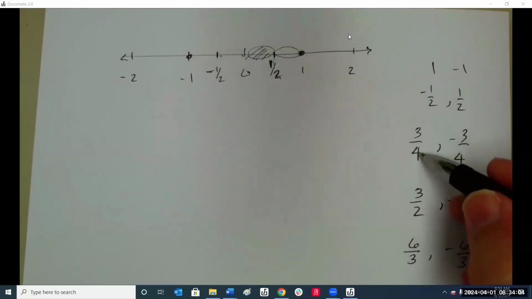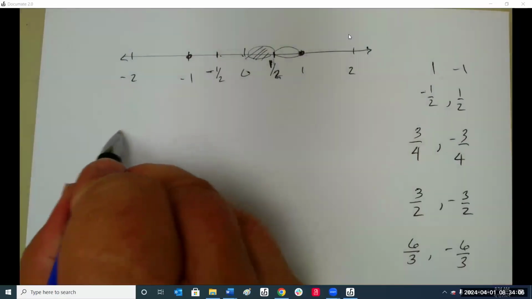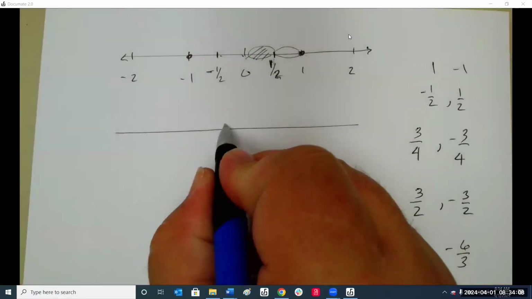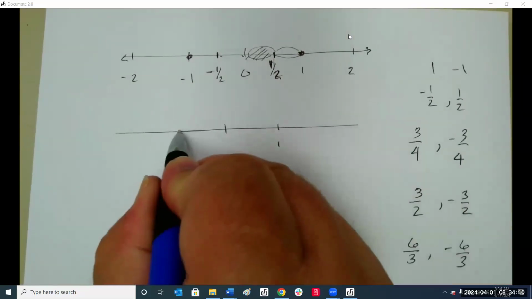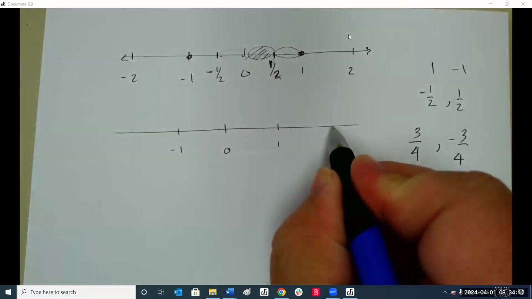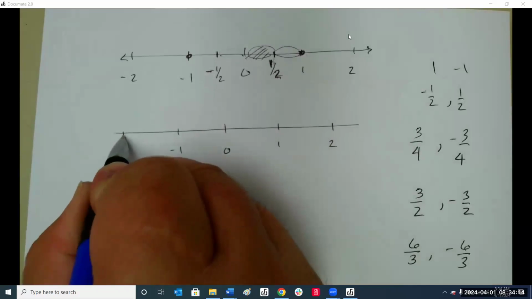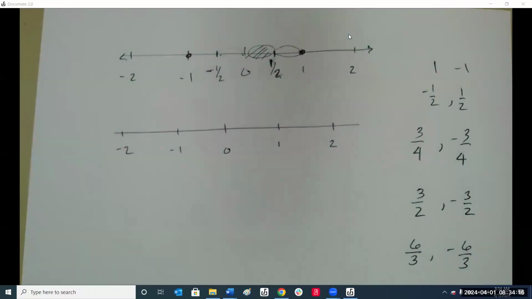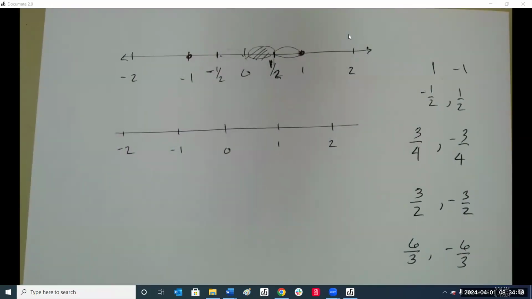How about 3/4? But three lines between 0 and 1. And why 3 lines? I'm using an analogy, 3/4 with a quarter. So to get $1, it's 4 quarters.